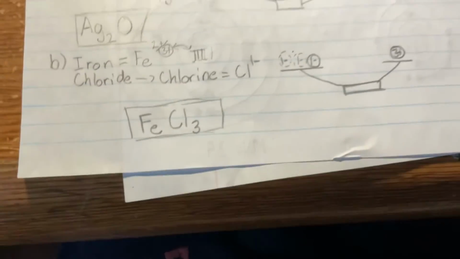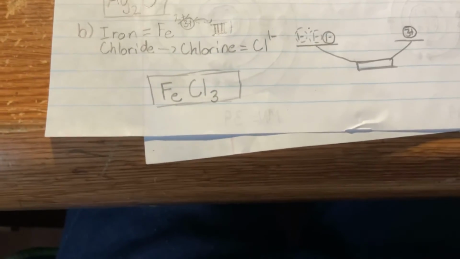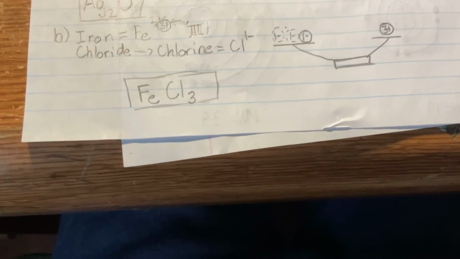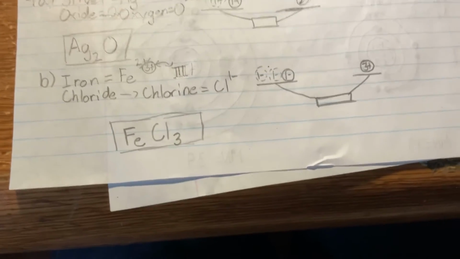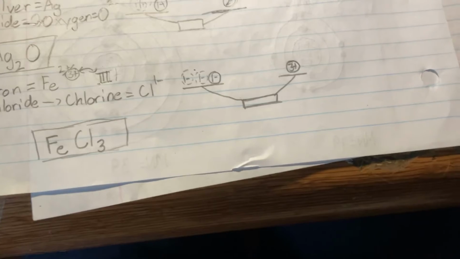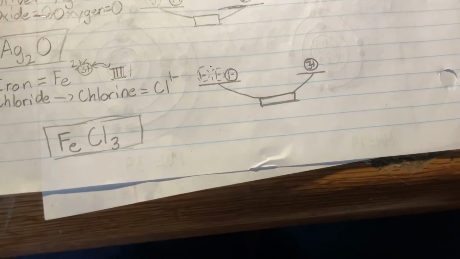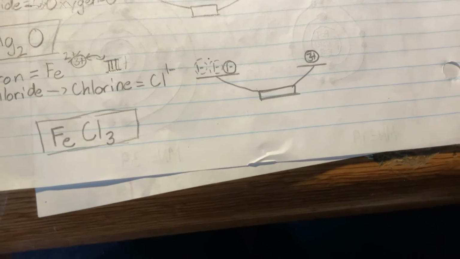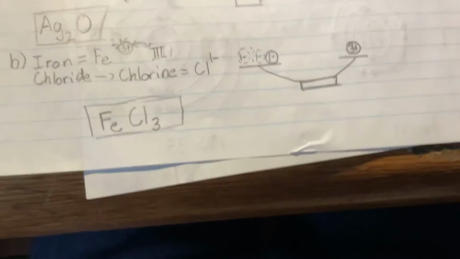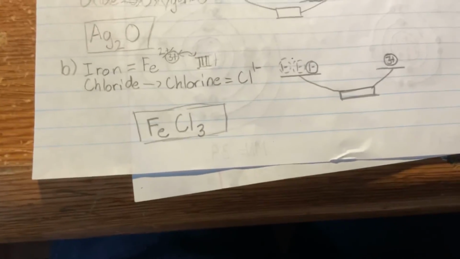And chlorine just equals chloride, which equals Cl with a negative ionic charge of -1. By putting that on a balance, we have to add 2 more chlorine atoms to balance out the 3 positive ionic charge of iron. So that means FeCl3 is the formula.